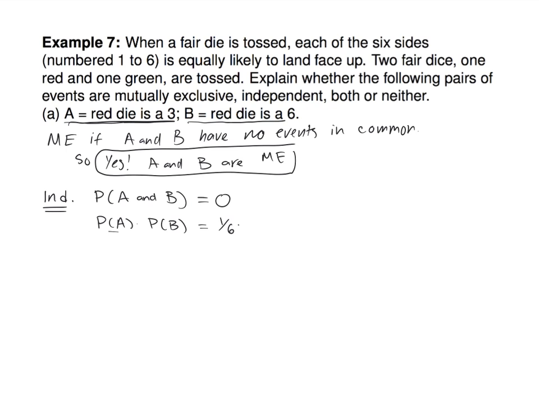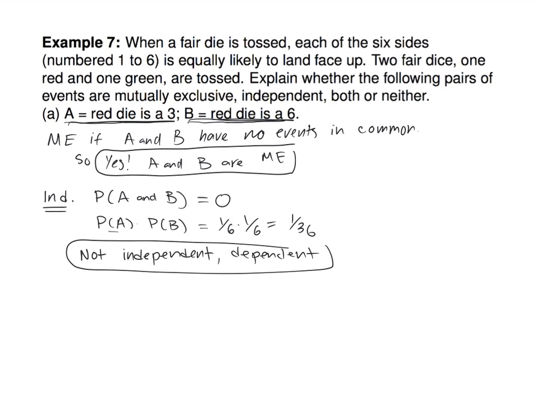That's 1 in 6, right? Chances of the red die being a 6 is also 1 in 6. Multiply together, you get 1/36. So do those two things equal each other? Does 0 equal 1/36? No. So therefore, they're not independent, i.e. they're dependent.